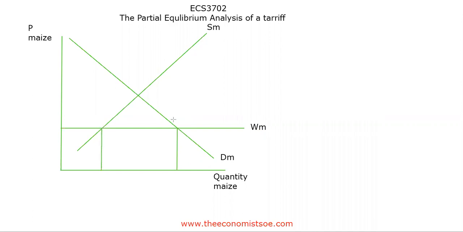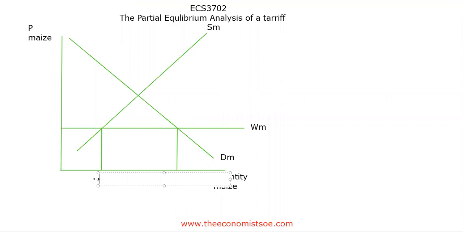Here we are saying that this is the amount of domestic demand, this is the amount of domestic supply. So the difference between domestic demand and domestic supply is being satisfied by the foreign world, is being satisfied by imports.